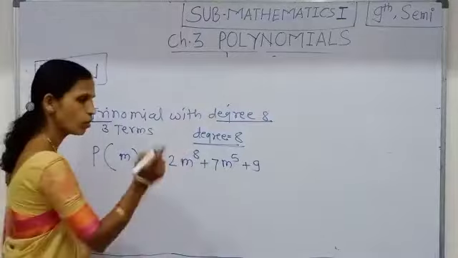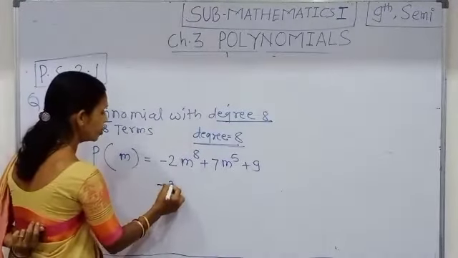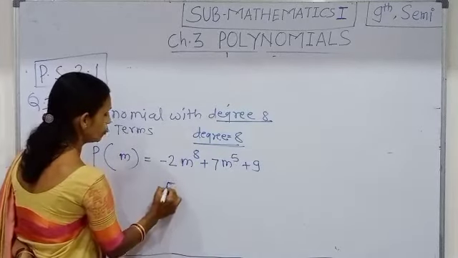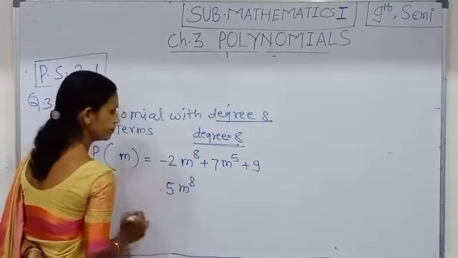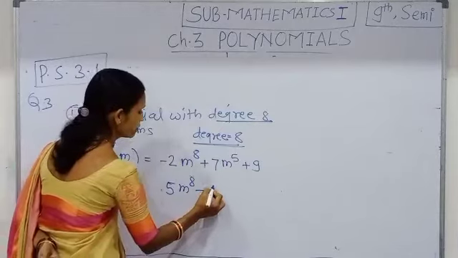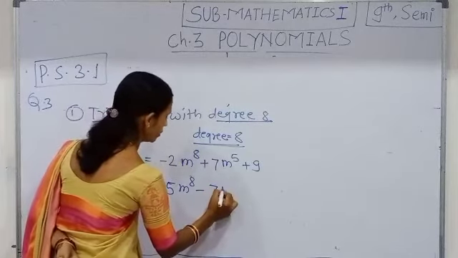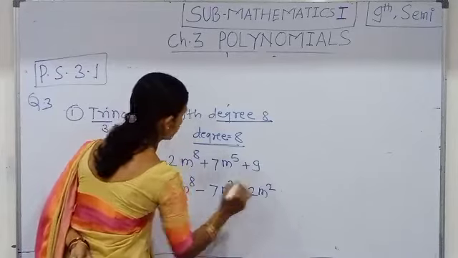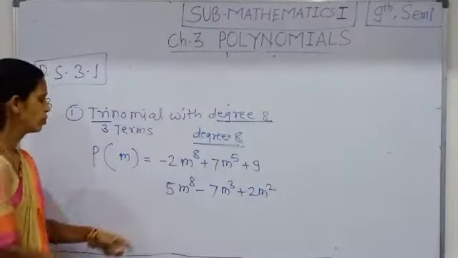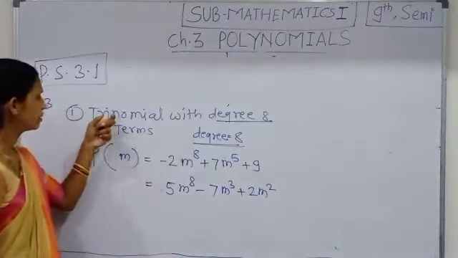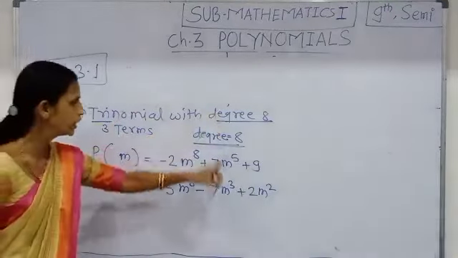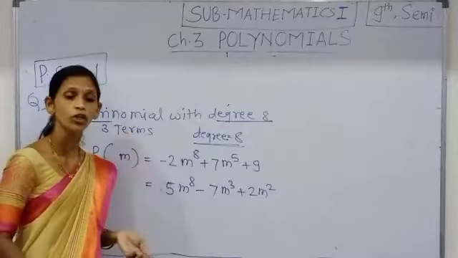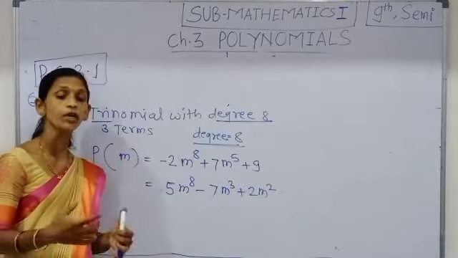That is the trinomial, or any one polynomial you should write, that is here 5m raised to 8 minus 7m cube plus 2m square. That is also a polynomial, a trinomial with degree 8. Like that you can write any polynomial of your own imagination.